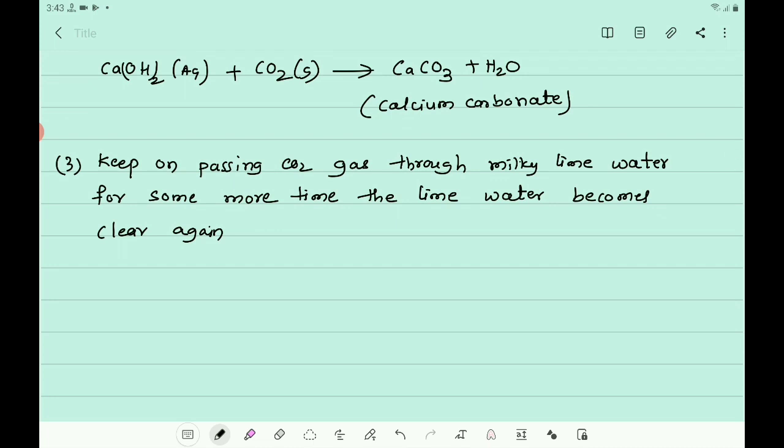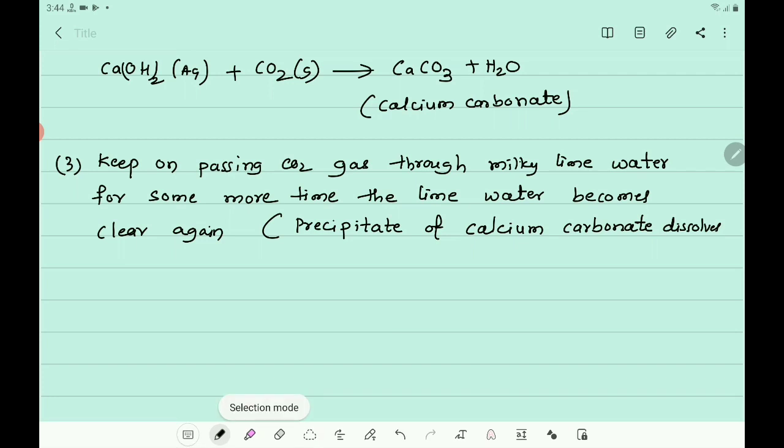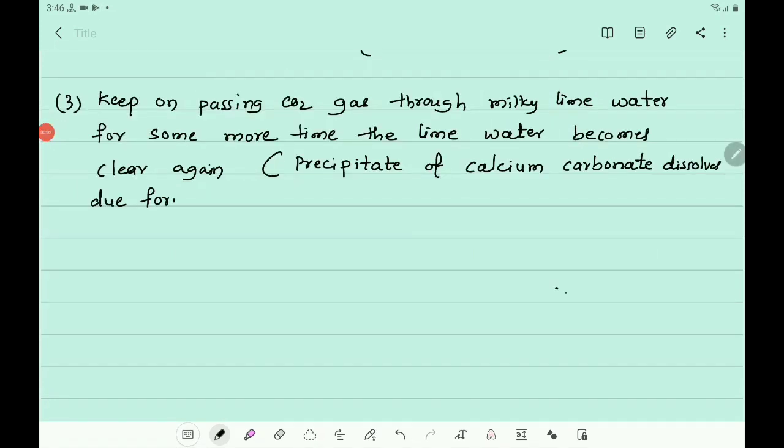Clear again. That is, here what happens? The precipitate of calcium carbonate dissolves due to formation of soluble calcium bicarbonate.